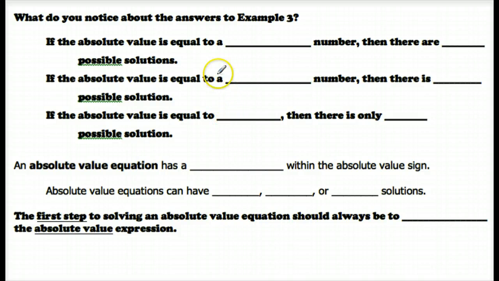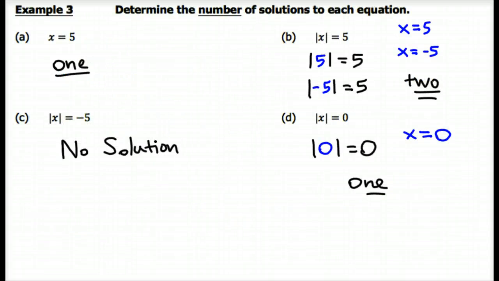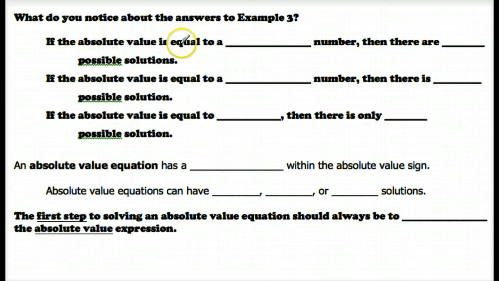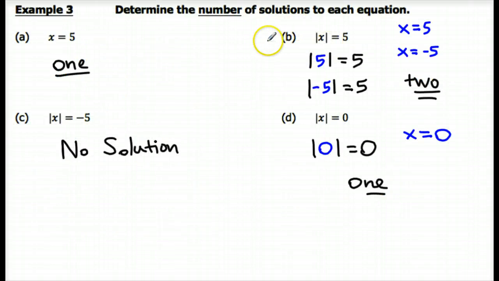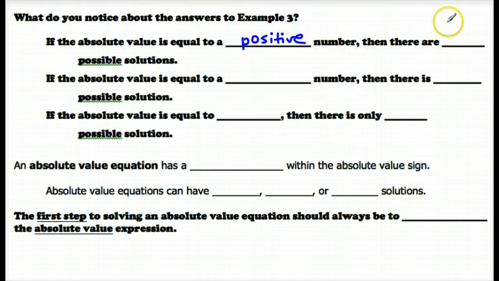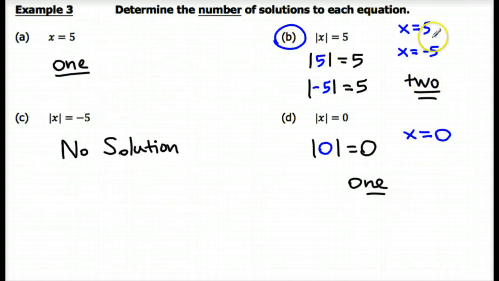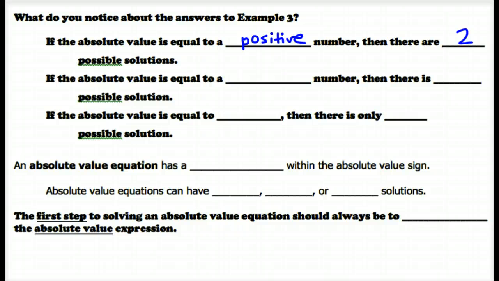Okay, so I want you to notice something about these answers we just did here in example 3, A, B, C, and D. Notice that if the absolute value is equal to a positive number, like B right here, then there are two possible solutions to your equation. We got 5 and -5 for our solutions.